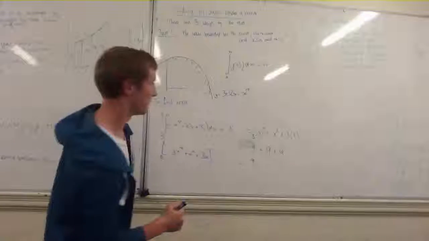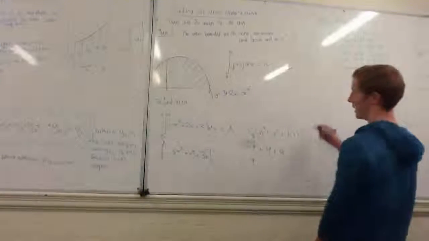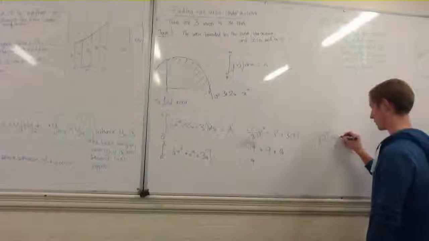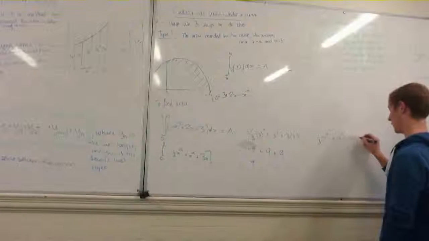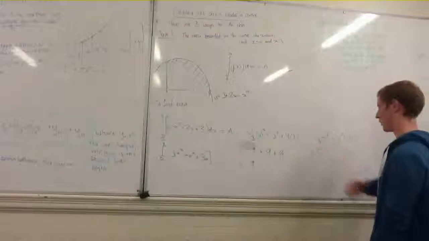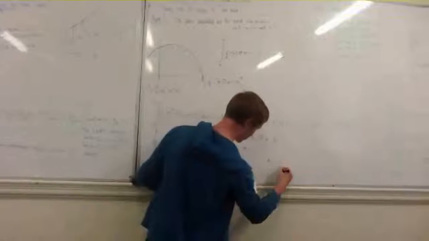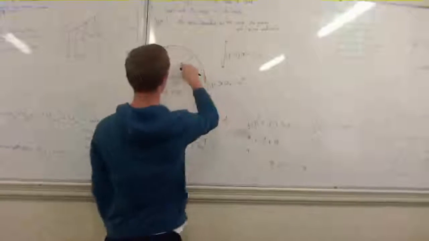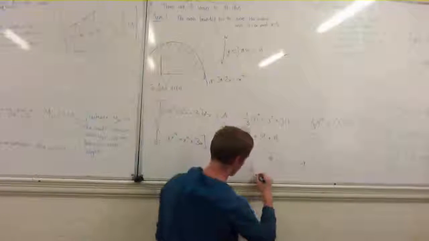And then you do it with 0. So, obviously, 0 is going to be minus 1/3, 0 cubed plus 0 squared plus 3 times 0, which equals 0. So if you then take 9 minus 0, that equals 9. So the area of this curve here is 9 units squared.